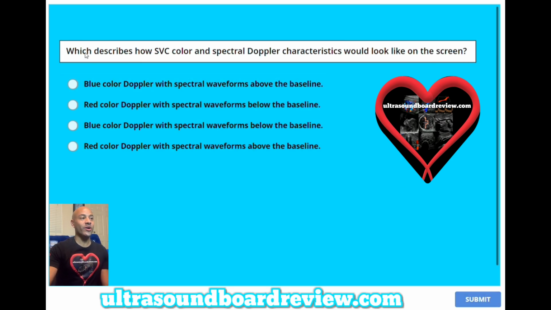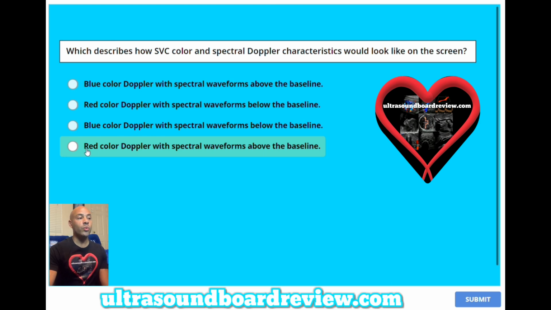Question 124. Which describes how SVC color and spectral Doppler characteristics would look like on the screen? A. Blue colored Doppler with spectral waveforms above the baseline. B. Red colored Doppler with spectral waveforms below the baseline. C. Blue colored Doppler with spectral waveforms below the baseline.